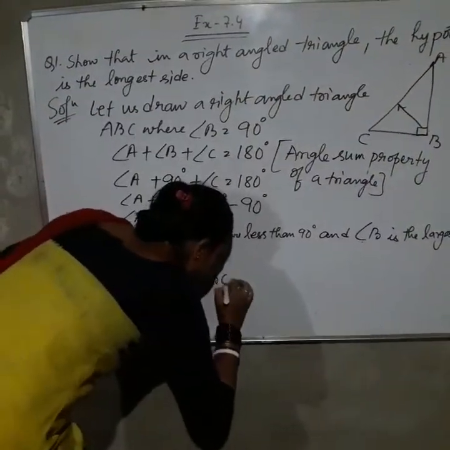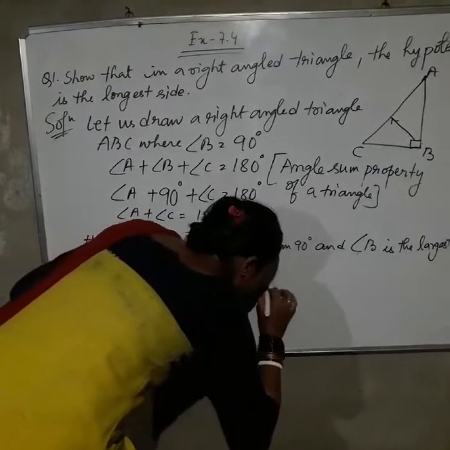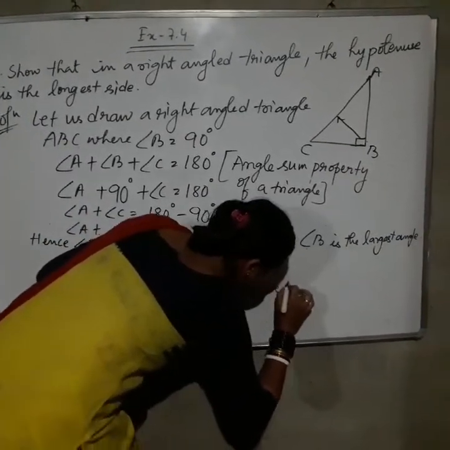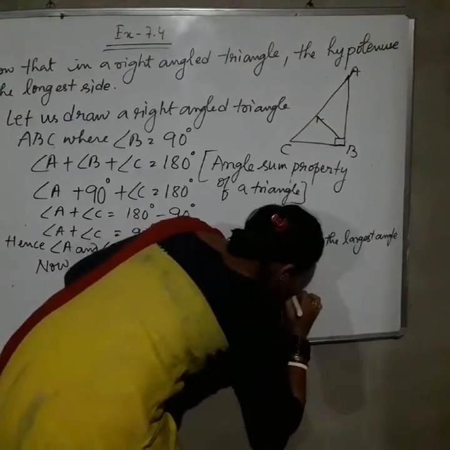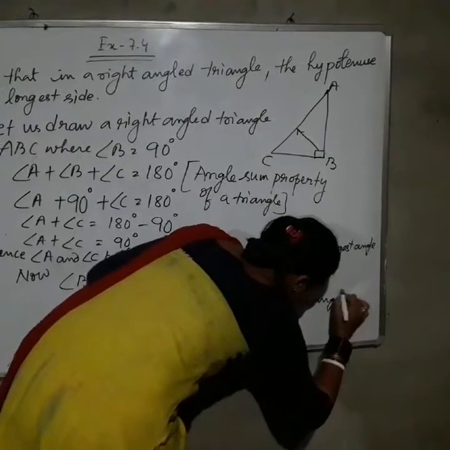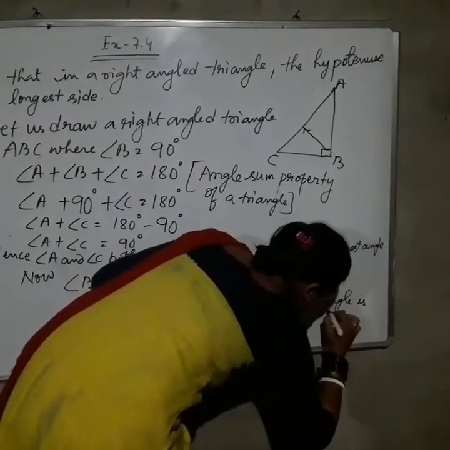So AC is greater than BC. The reason is that the side opposite to the greater angle is longer.